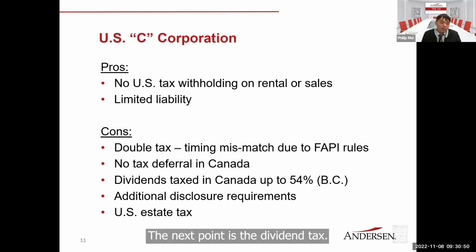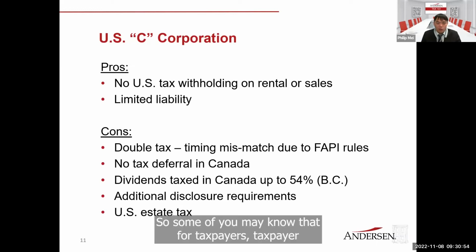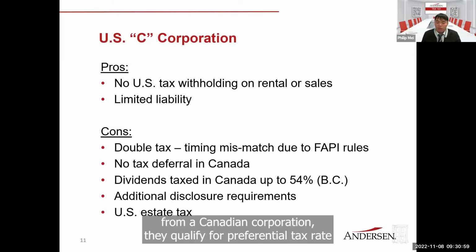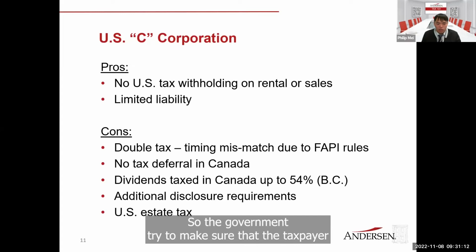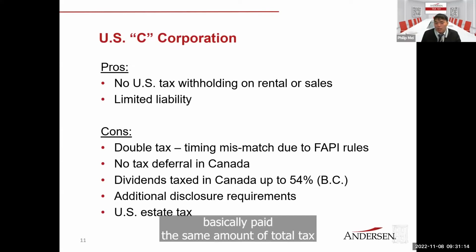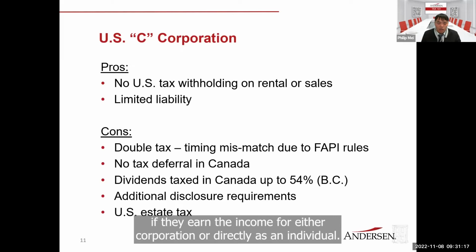The next point is the dividend tax in Canada could be up to 54%. Some of you may know that a taxpayer receiving a dividend from a Canadian corporation is qualified for a preferential tax rate, depending on whether the dividend is an eligible or ineligible dividend. That's part of our tax integration system. The government tries to make sure that the taxpayer pays basically the same amount of total tax if they earn the income through either a corporation or directly as an individual.